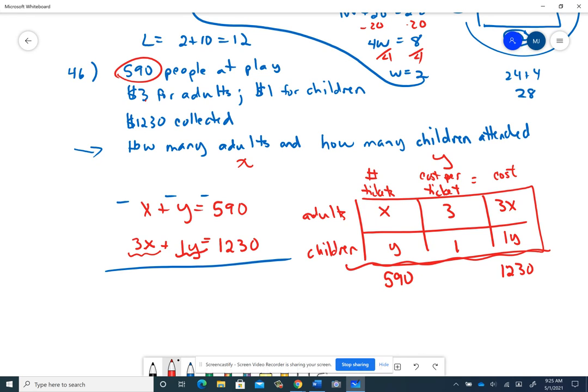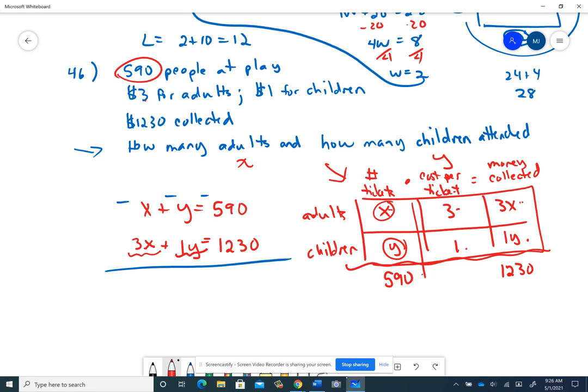Back when we did this before, we set up a table like this. We had number of tickets, cost per ticket, and we knew if we multiplied those, it would equal the money collected. So we could put the number of adult tickets, the number of children's tickets, the cost for an adult ticket, the cost for a child's ticket, and the money collected for the adults and for the children.